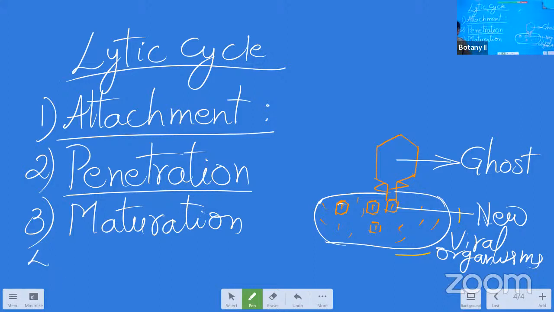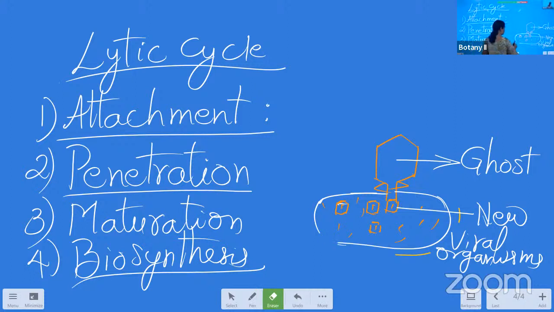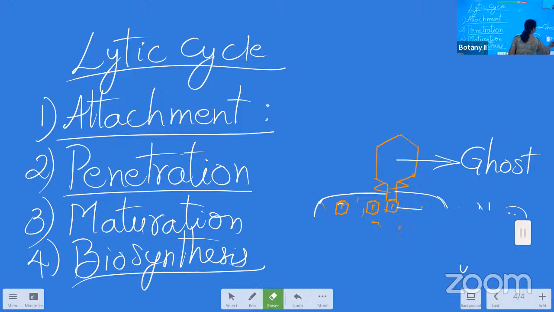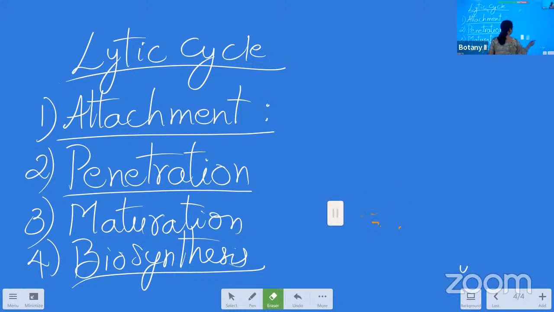Now comes the fourth step, that is biosynthesis. What is meant by this? Bio means life. Life of the viral organism starts. So at this step, what happens?